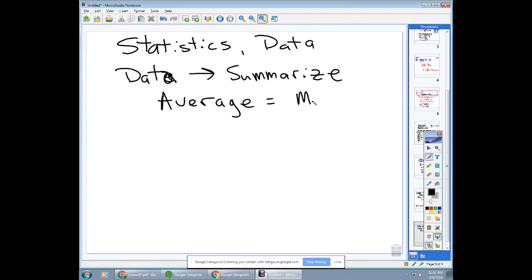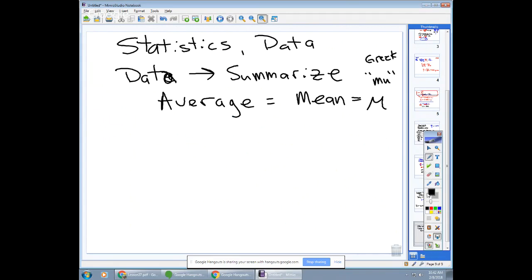Mean, correct, the mean. Often we use the letter, it's Greek, called mu. It kind of looks like a cross between an M and a U. So that's the Greek mu there. And that's the symbol you see a lot for the average of some data set.